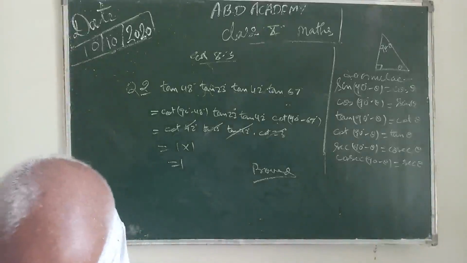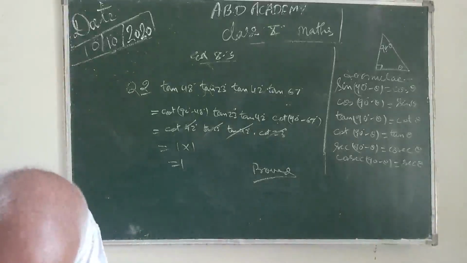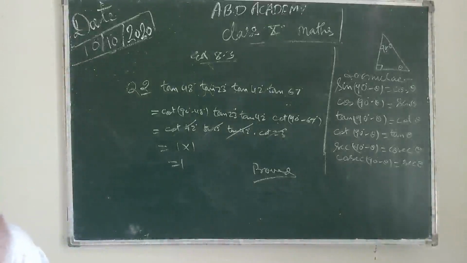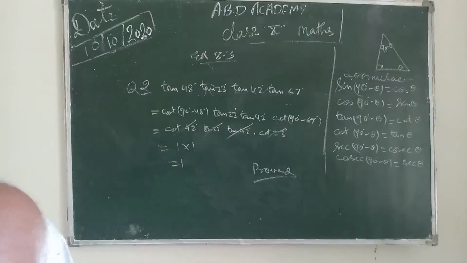The second question, of the second part, is likewise cos 38, cos 52, sin 38, sin 52. Change either sin or cos. Change cos into sin or sin into cos, and you will get 0 to be proved.